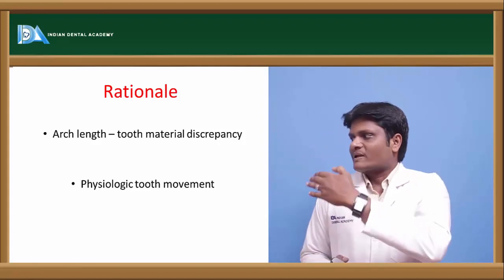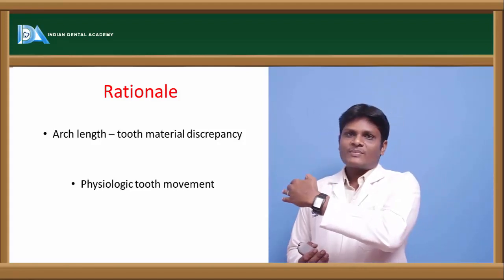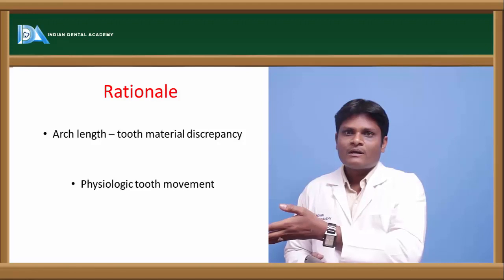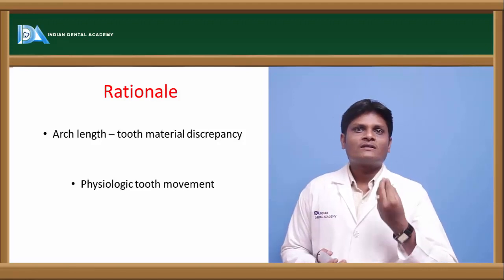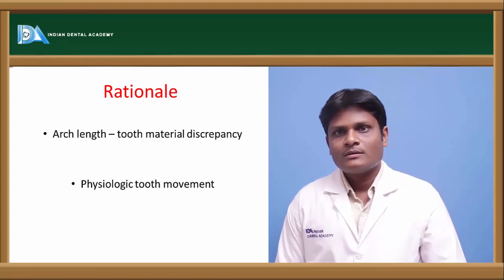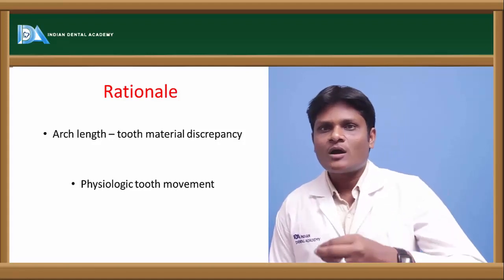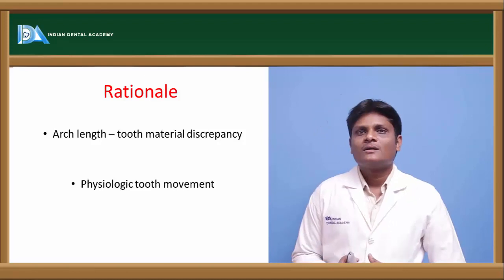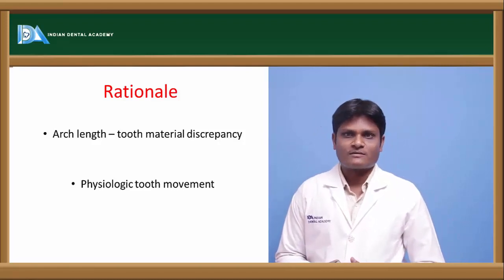So the presence of arch length tooth size discrepancy and its elimination, and the ability of the teeth to move physiologically, form a strong basis and support the process of serial extraction.